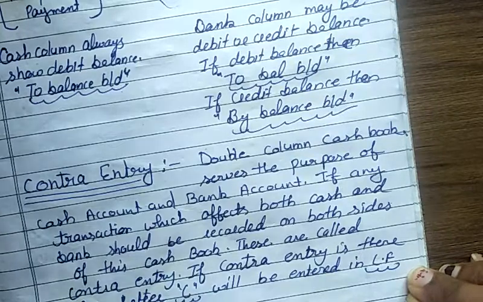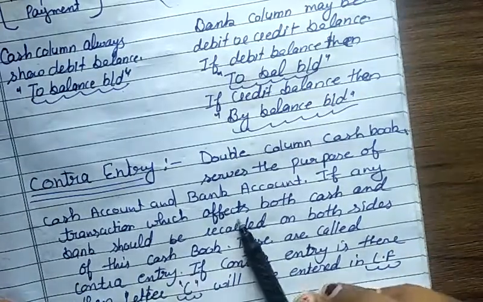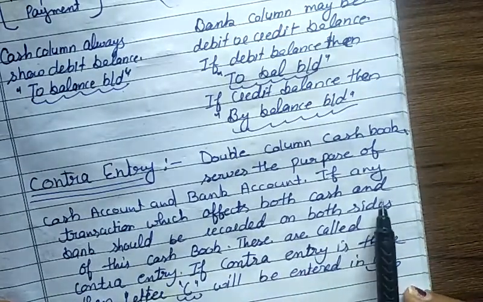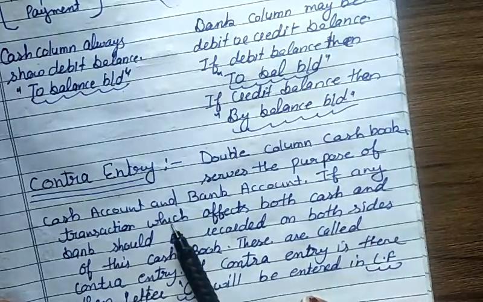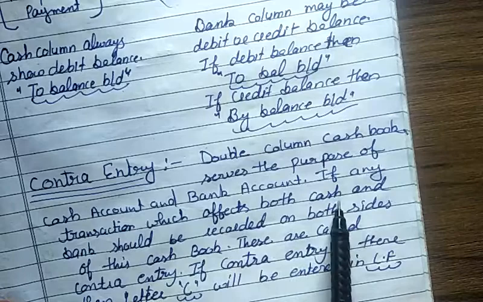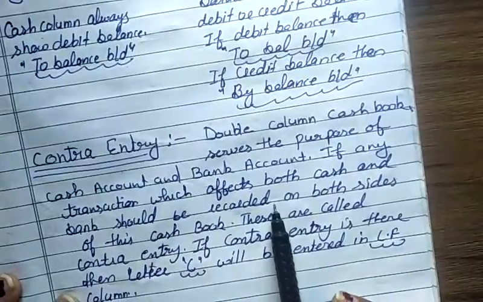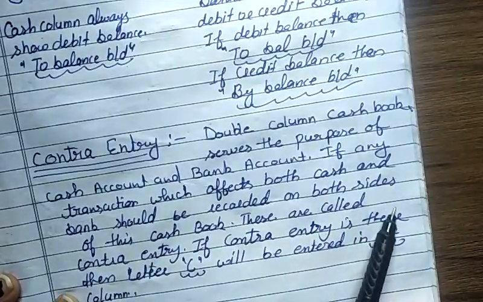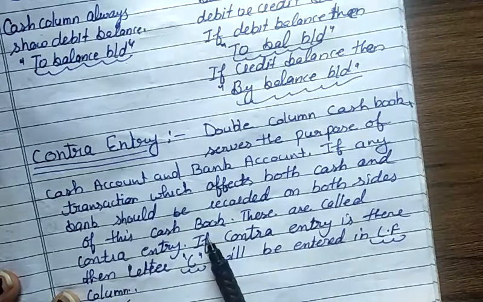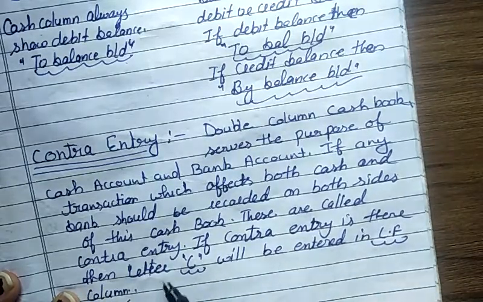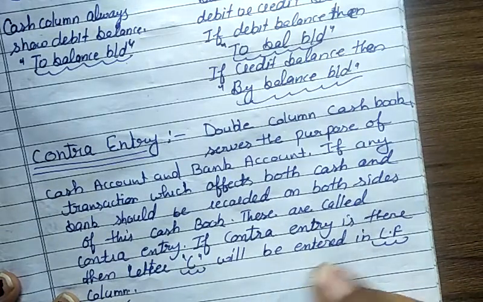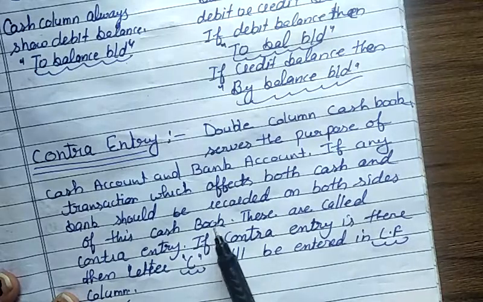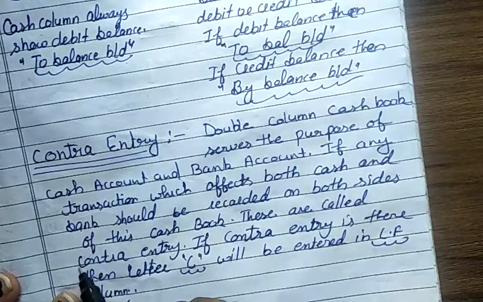If any transaction affects both cash and bank, I repeat, if any transaction affects both cash and bank, it should be recorded on both sides of this cash book. These are called contra entries. So students, when any transaction affects both cash and bank, that entry we call a contra entry.